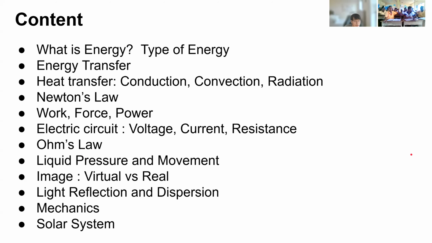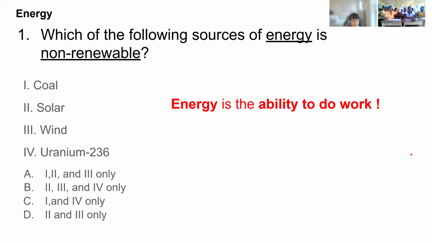So let's get started on energy. Which of the following sources of energy is non-renewable? This is asking for non-renewable energy. And always remember that energy is the ability to do work. And here we have a couple options.